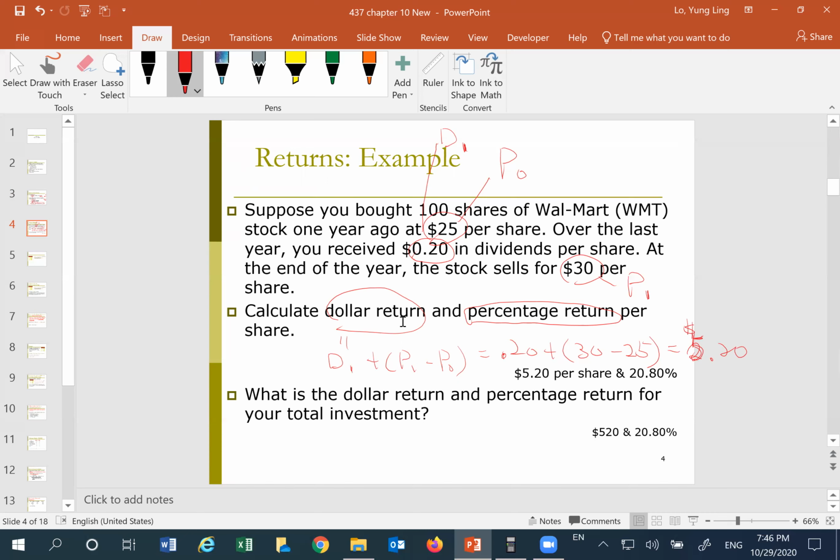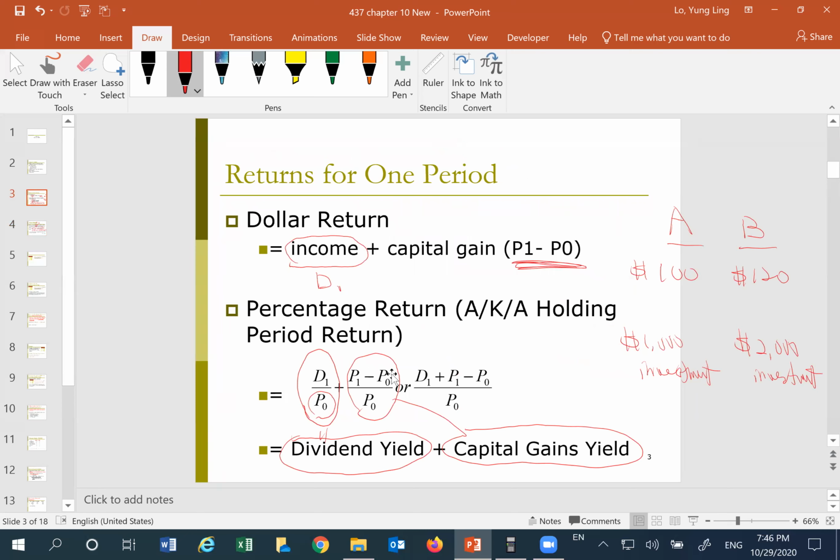But if you want to convert that dollar return into a percentage return, all we need to do is divide the dollar return by the initial investment, which is your P0. That's what we mentioned on the earlier slide. We have just calculated this numerator here, which is the dollar return, and we just need to divide it by the P0, or your initial investment.